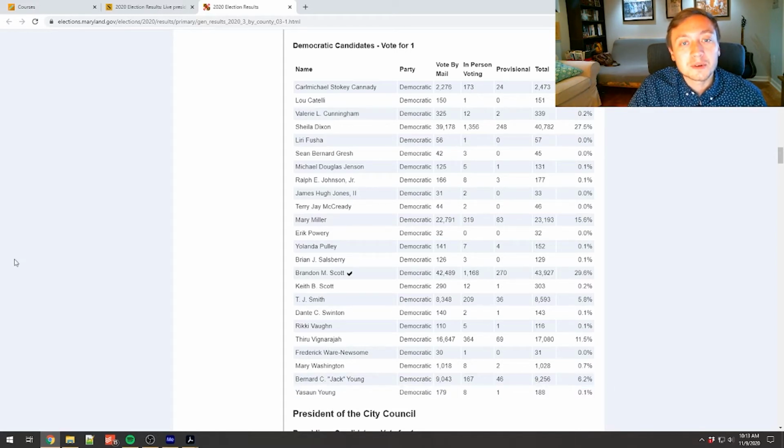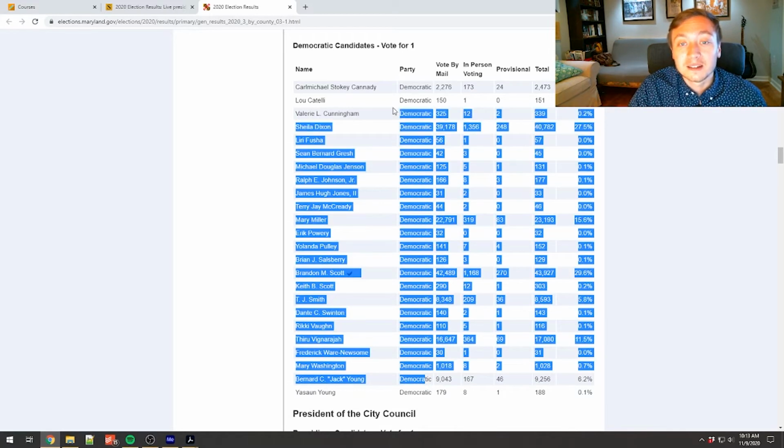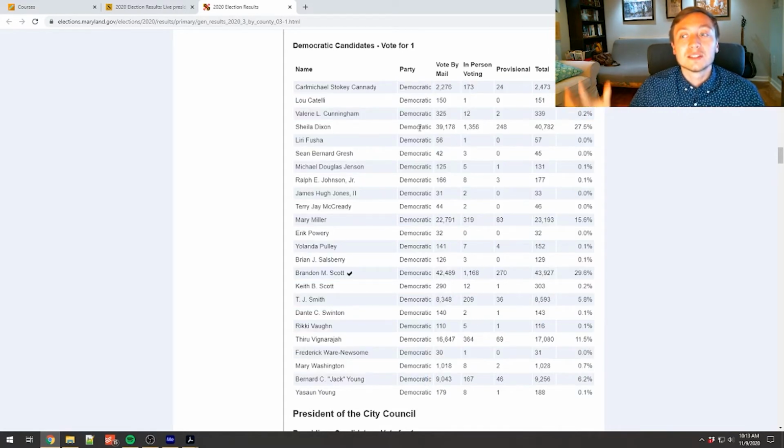We can also think about the question of ideology. Do voters know these people? Mary Miller, whoever that is, right? Of course, I know who Mary Miller is. Hopefully, some of you have heard of this person as well. Do they know Sheila Dixon? Do they know who these people are? And pivotally, even though everybody here is a Democrat, are they able to discern what ideological differences exist between these candidates?